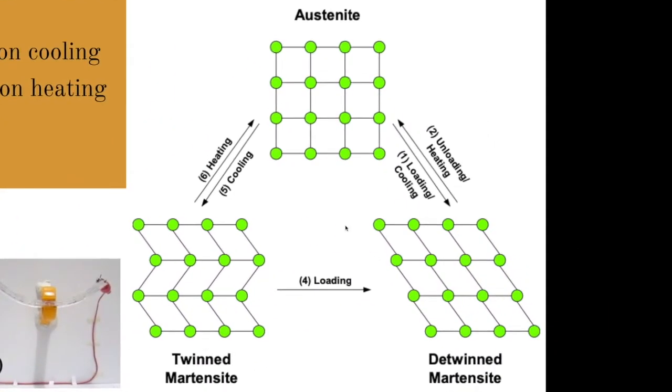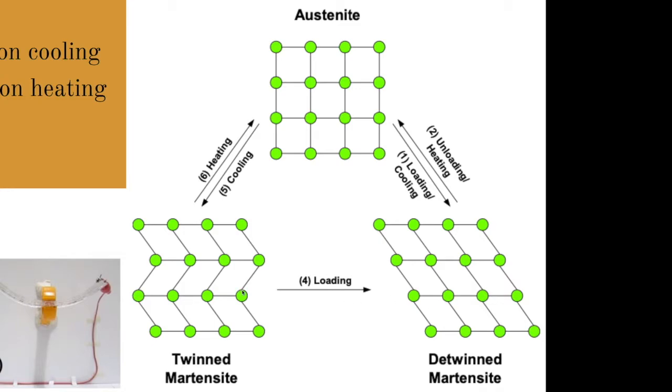From here, for number one, from austenite, it gets to the twin martensite. So it has a twinning, but it has a double twinning here. And then when you are unloading, it will bring back the austenite form.